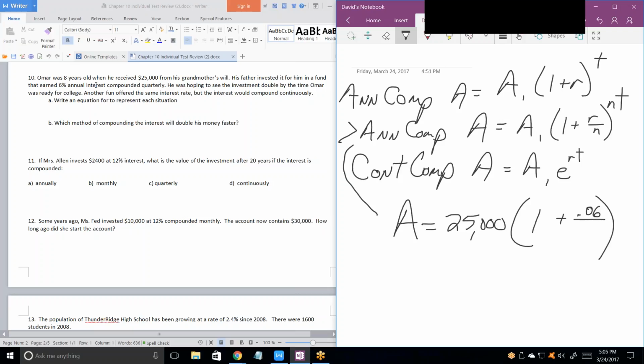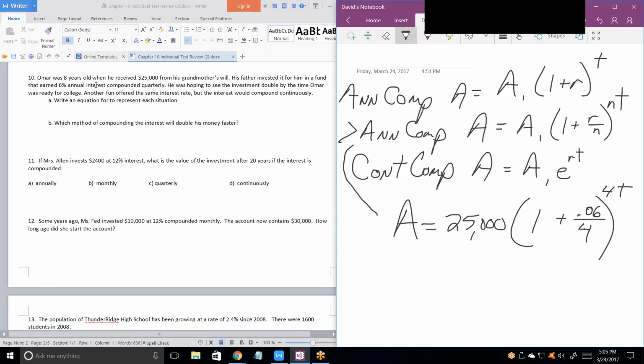If it's compounded quarterly, what does that mean? Every 3 months. So 4 times a year. That's what N is, the number of times per year. So N is 4, and it's to the NT, so it's to the 4T.